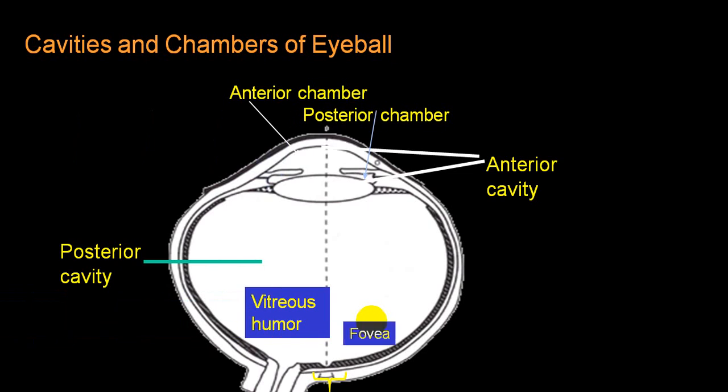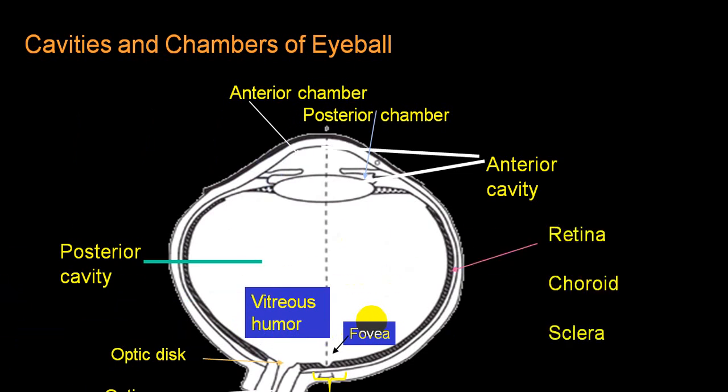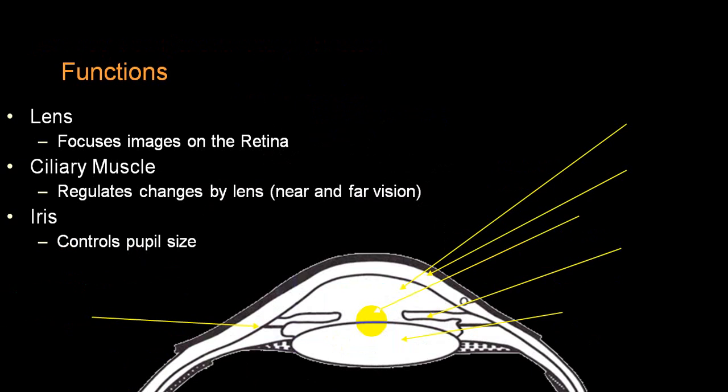There is an area we call the fovea, or macula, optic disc, optic nerve, choroid, retina, and the outermost layer, sclera. Then we have the lens, the ciliary muscles, the iris, and the central part we call the pupil.